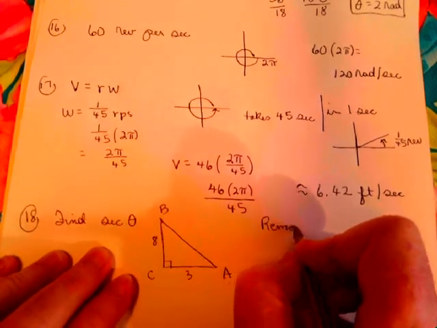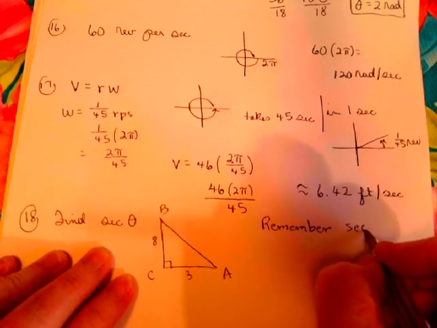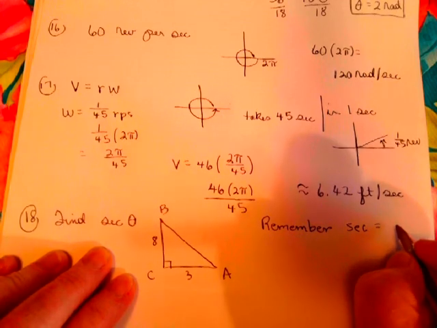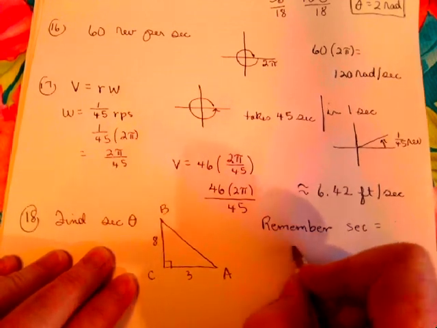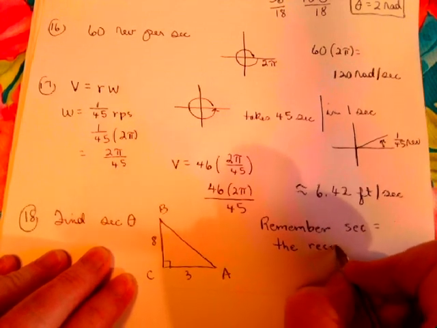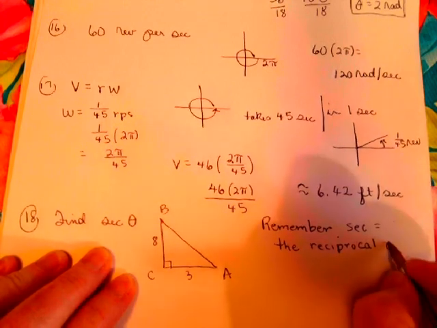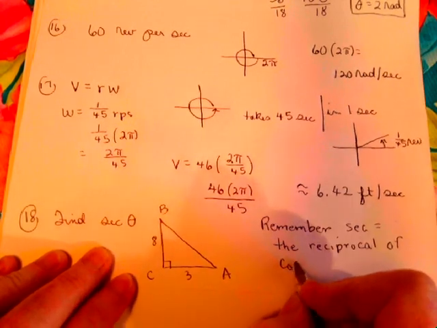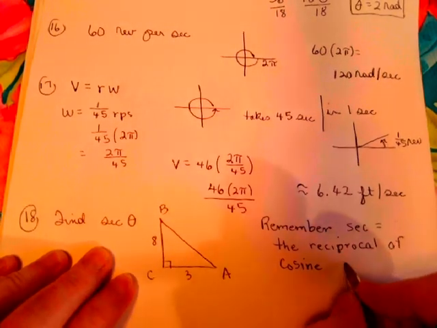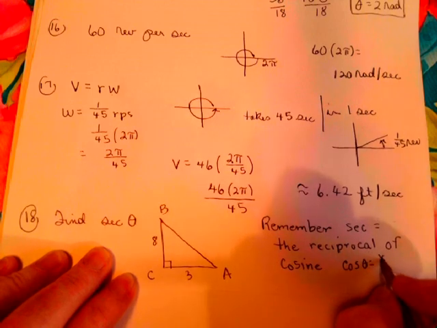Remember, secant equals the reciprocal of cosine. Cosine of theta is x over r.